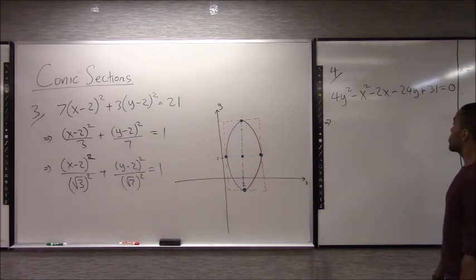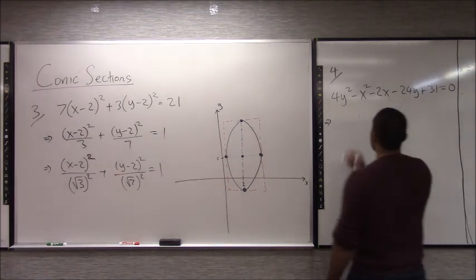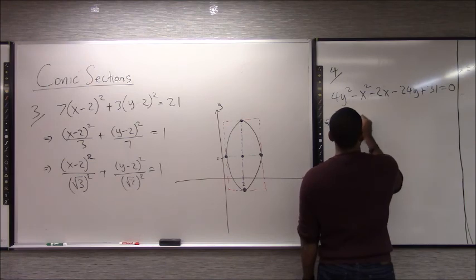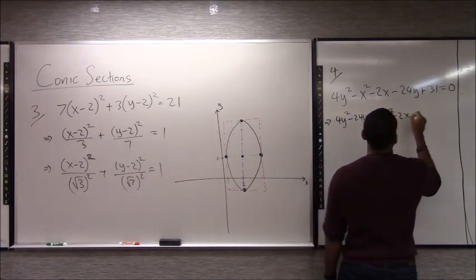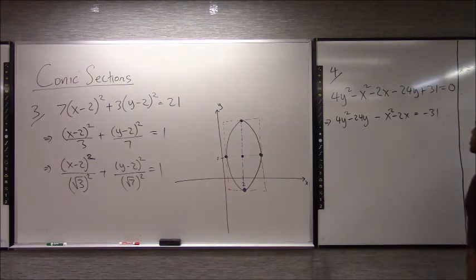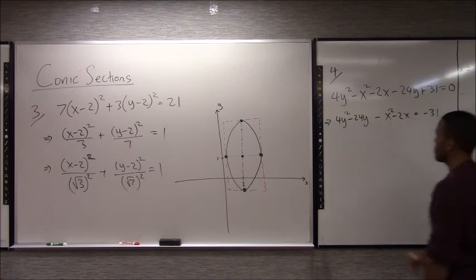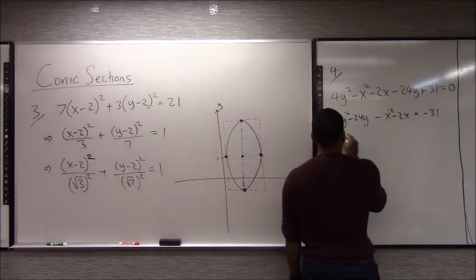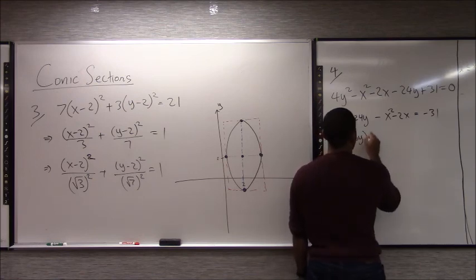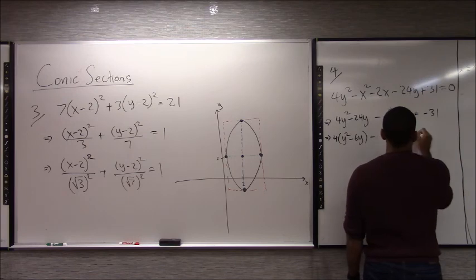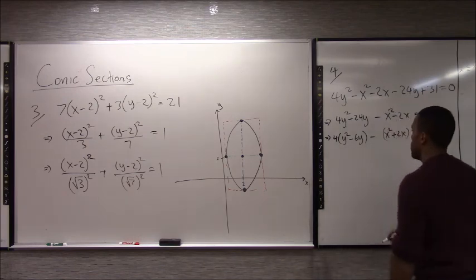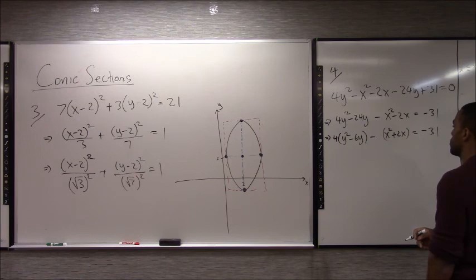So kind of group the x's and y's together. Okay, 4y squared minus 24y minus x squared minus 2x. Just move the 31 over there. And factor out common factors of the y's and then the x's. And then complete the squares.